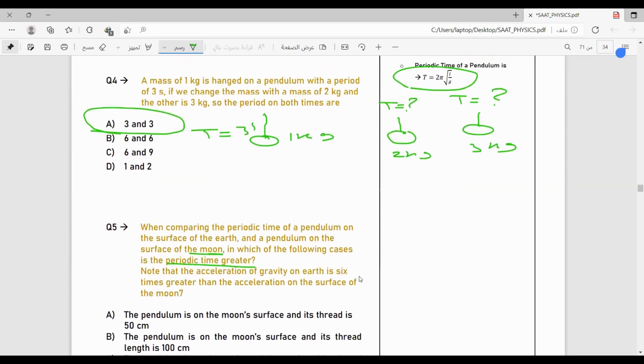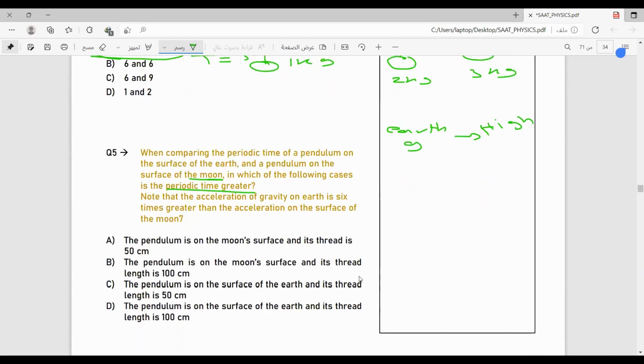Now, let me just help you with this question. On the Earth, G is high. On the moon, it is low.